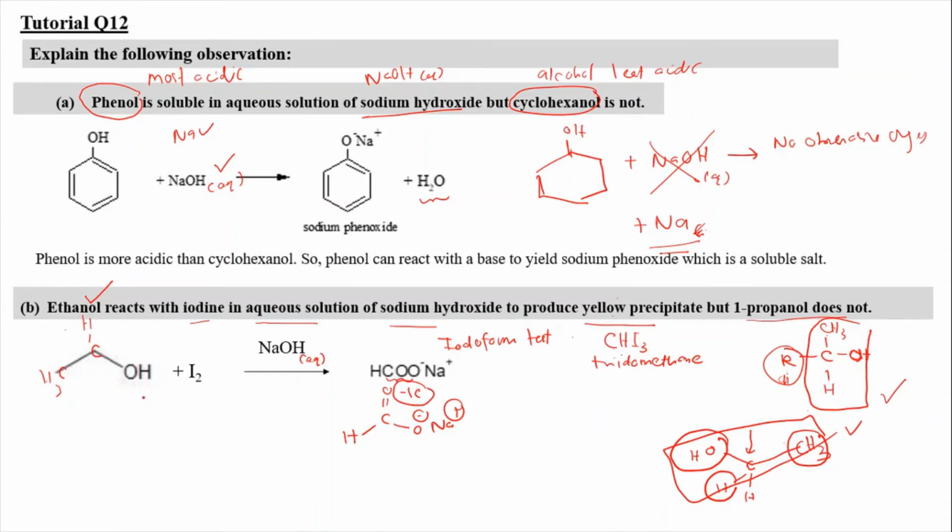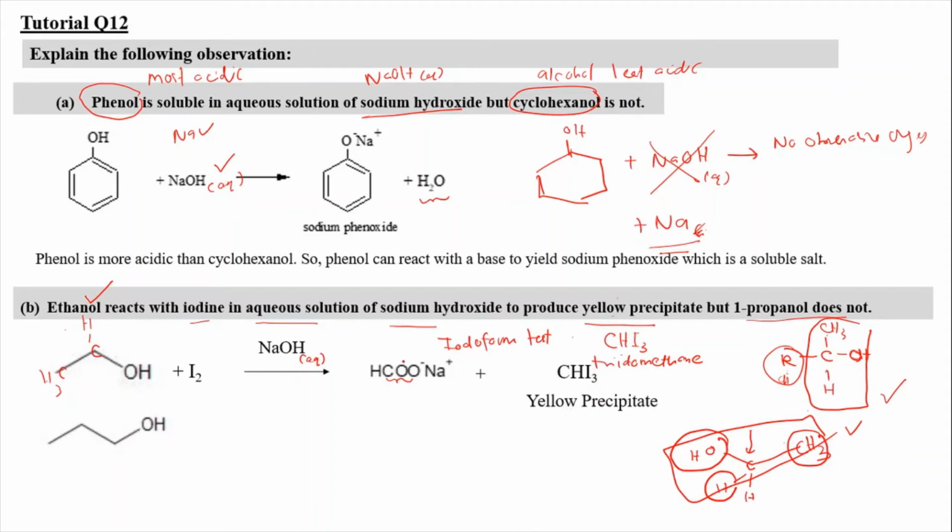Initially it had 2, but now it has 1 for the carboxylate. The other carbon reacts with iodine to form CHI3. So what I get here is plus CHI3, which refers to the yellow precipitate.